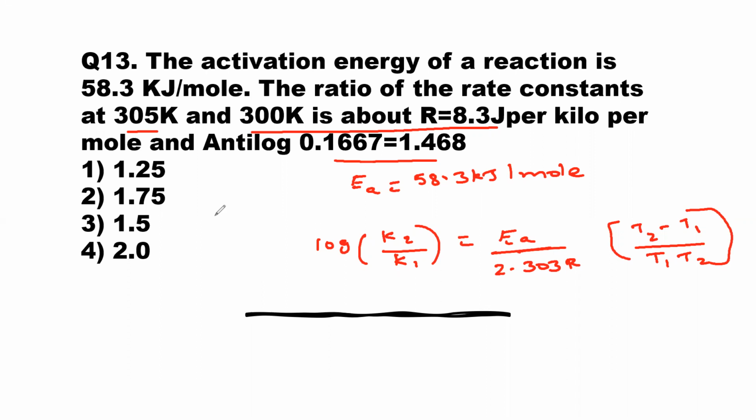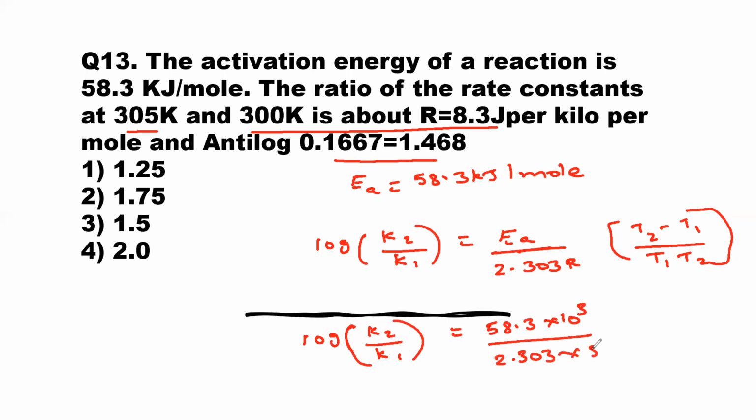Let us solve this question number 13. So log of K2 by K1 is equal to energy of activation, given as 58.3 kilojoules, means into 10 to the power of 3 because we have converted into joules, by 2.303 into R value 8.314, which is already given, into T2 minus T1.